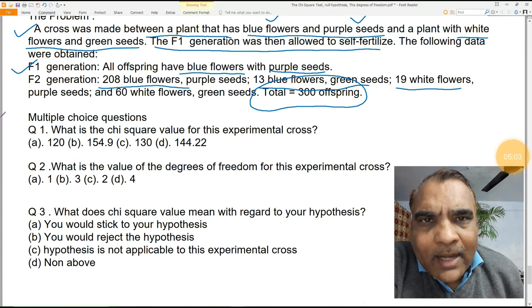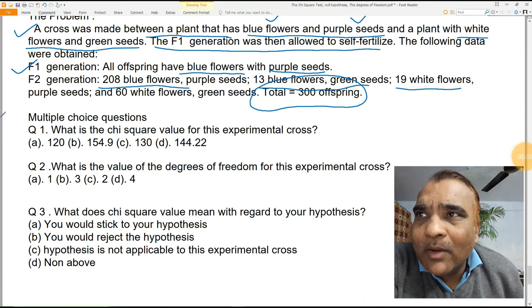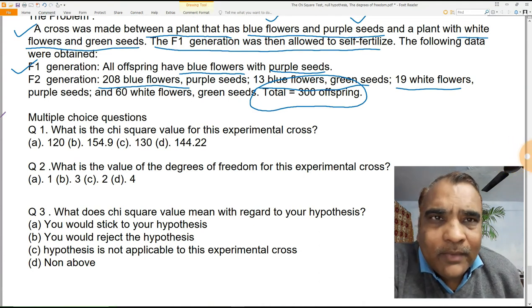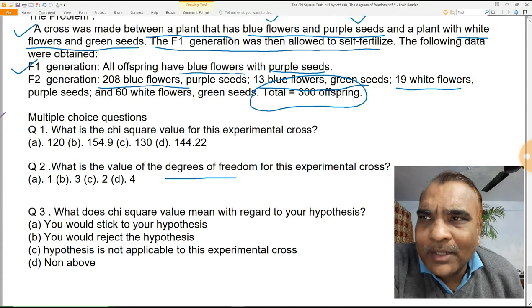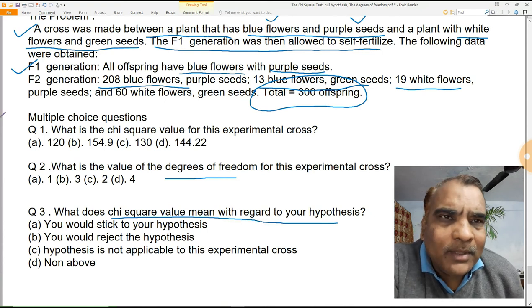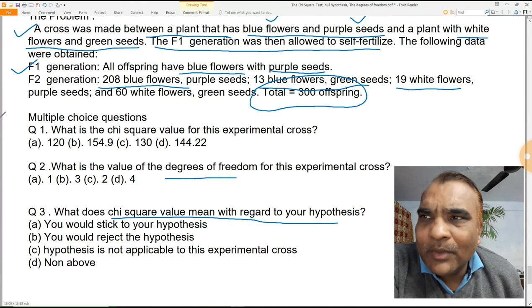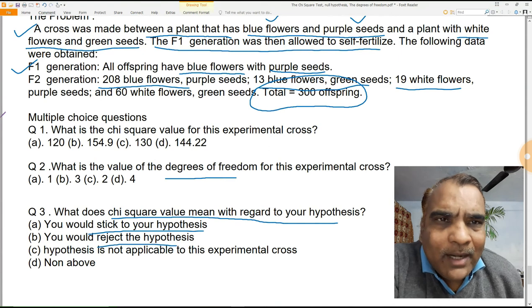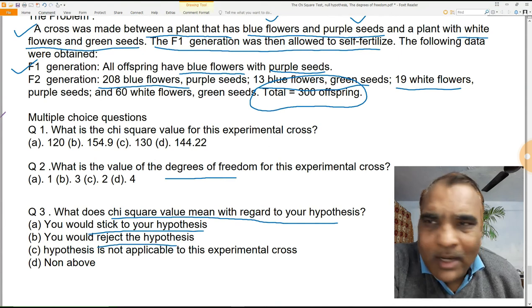See now what they are asking you. In the first question, you have to find out the chi-square value. Second, you have to find out the degrees of freedom, the DF value. And in the third question, what does the chi-square value mean with regard to your hypothesis? First option, you would stick to your hypothesis. Second, by looking at the chi-square value, you are going to reject your hypothesis.